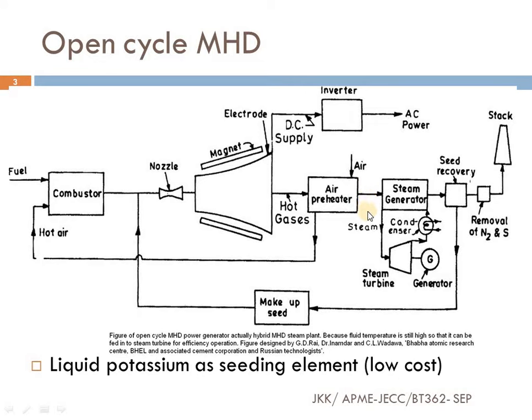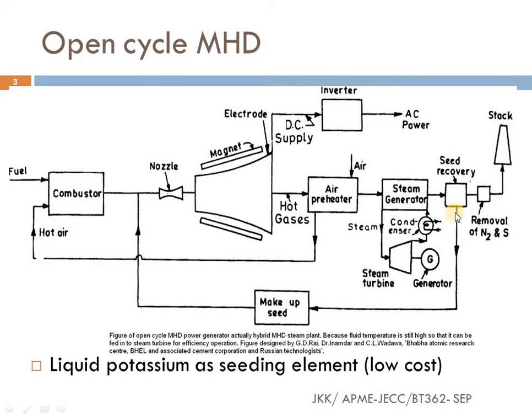So the gas that exits from the air preheater will be supplied to another steam generator, where water will be supplied, and the water will absorb the remaining heat energy and become steam, so that it can power an auxiliary steam turbine, which can again be coupled to generators, or other useful mechanical power can be obtained. The output of this steam generator will be passed through a seed recovery system.